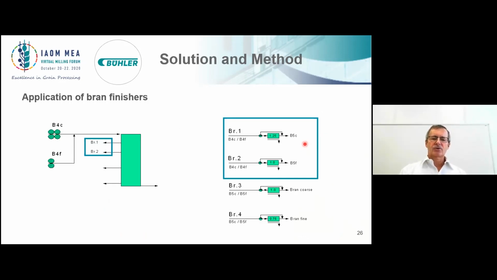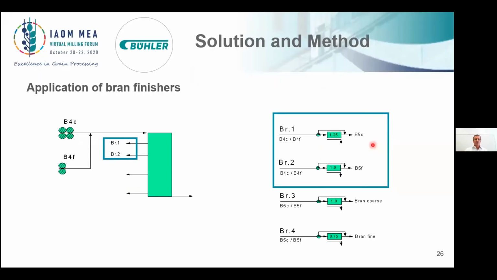Bran finishers should work twice on the bran. So always the second 2 breaks, before fourth break and fifth break. If you have only 4 breaks, it can be third break and fourth break. So always after the last 2 breaks, you put a bran finisher.